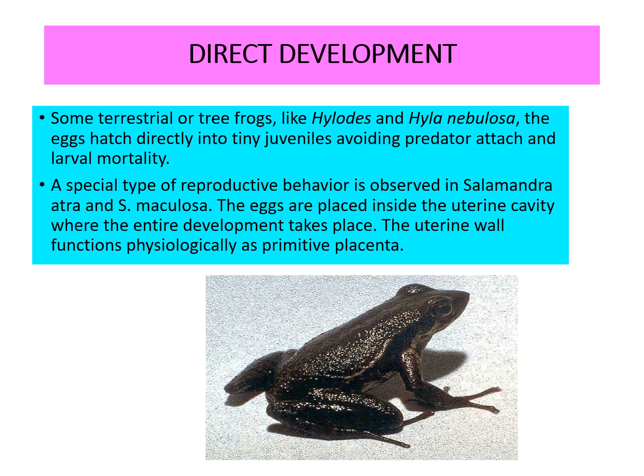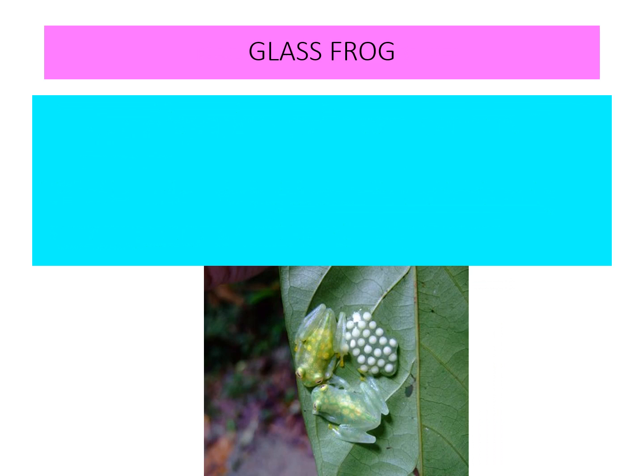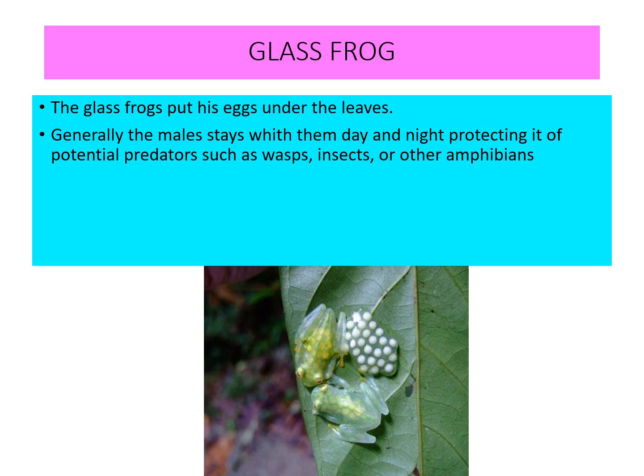The eggs are placed inside the uterine cavity where the entire development takes place, and the uterine wall functions physiologically as a primitive placenta.